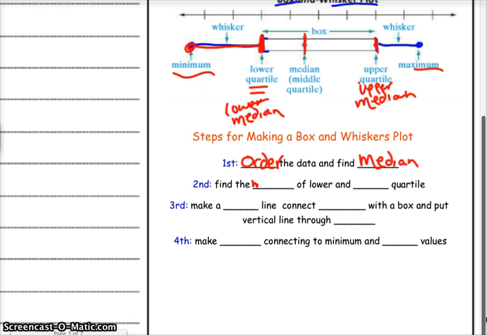You're going to find the median of the lower and upper halves. That's going to give you a box. If you were to connect them all, you have a box with three lines: the lower quartile, the upper quartile, and the main median.